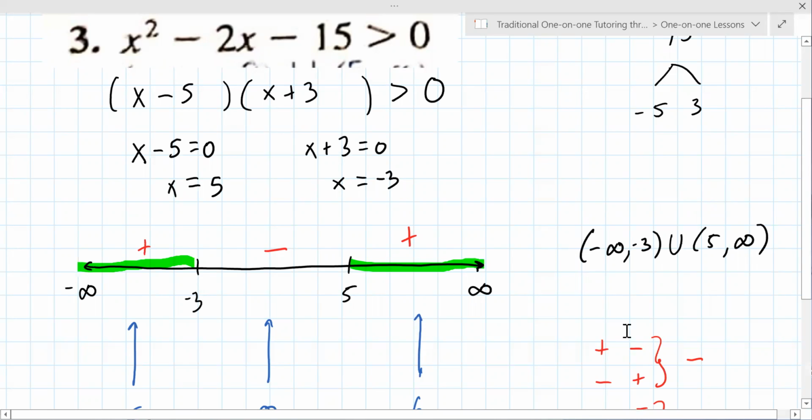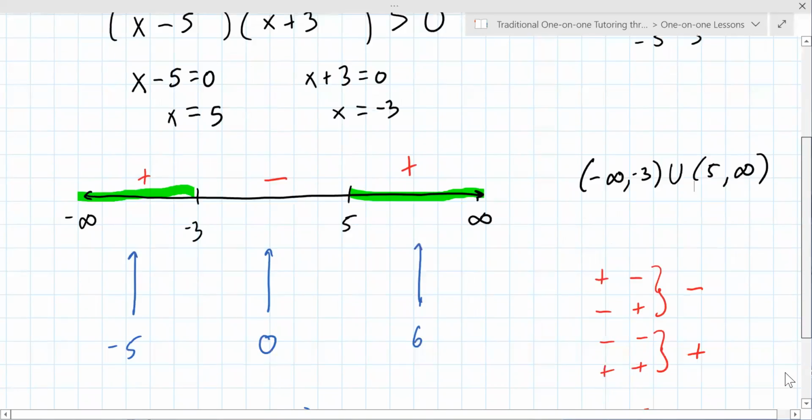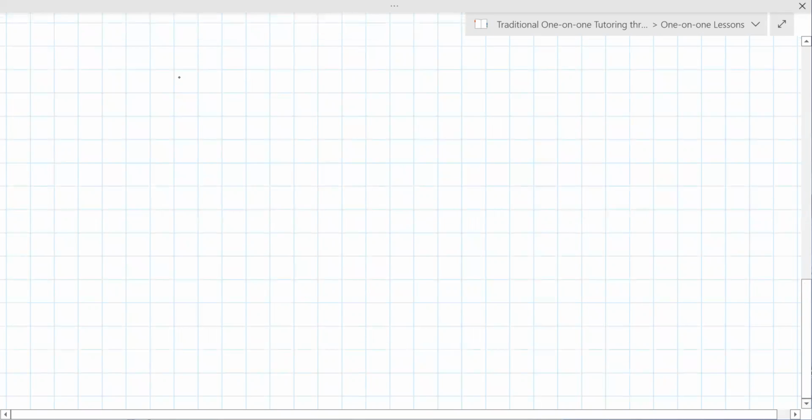In interval notation, it's soft bracket on the infinities, and then would it be hard bracket on the -3 and 5 because it's only greater than, not greater than or equal to? Yeah. Let me summarize here. This symbol, this symbol, this symbol, this symbol, and this symbol, they all go together.